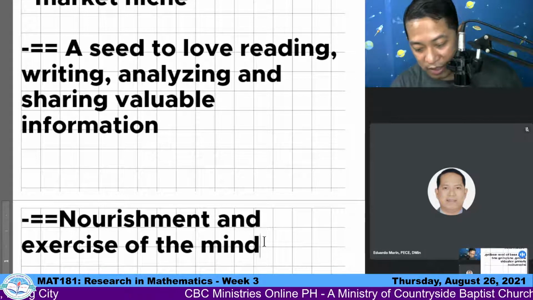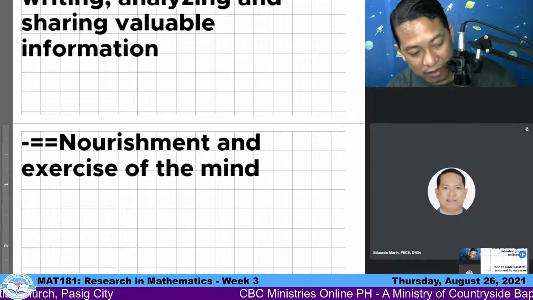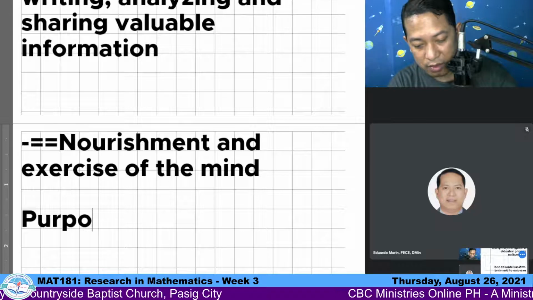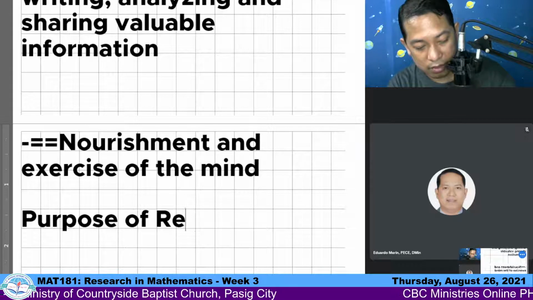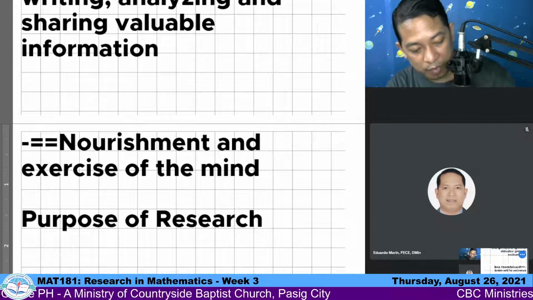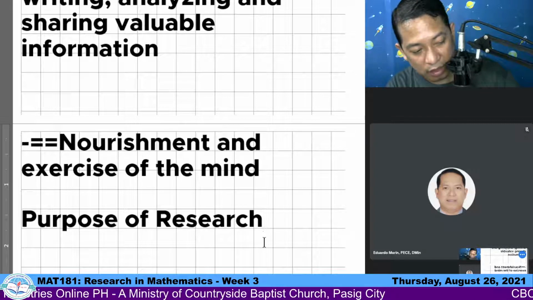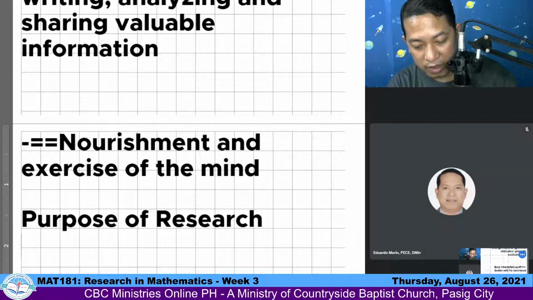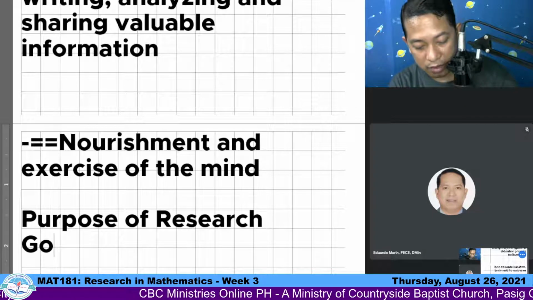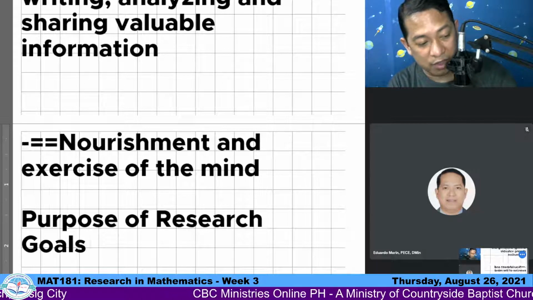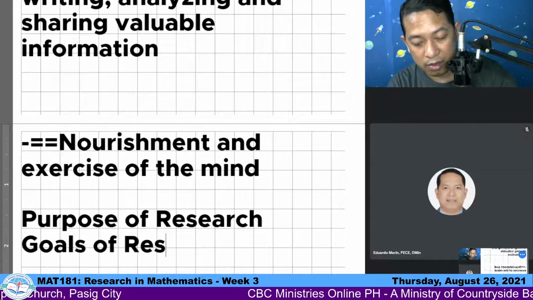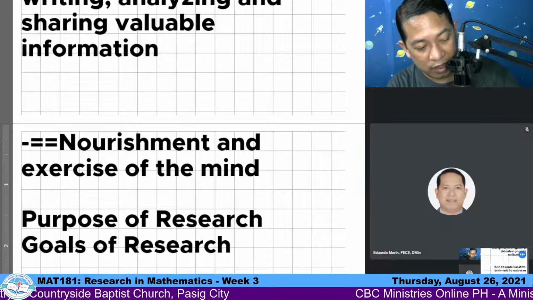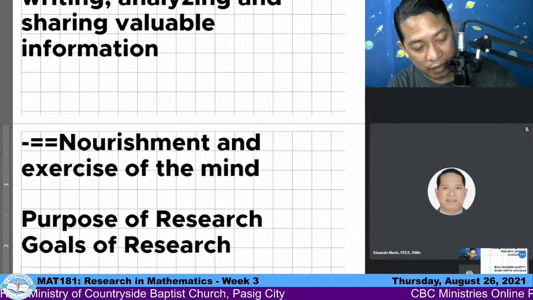So, our next topic here is about the purpose of research. We'll have its purposes according to the research of Almeida. Then, of course, the goals of research. So, we could differentiate the goals from the purpose. So, perhaps AJ would be participating on this already, the student that we have here in MAT181.